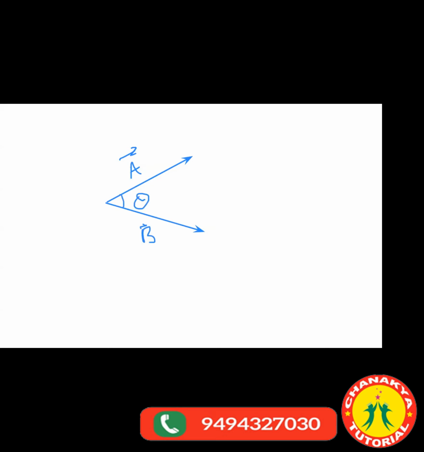Now, if I want to sum them, A vector plus B vector, there will be its magnitude and its direction, A plus B whole cap.